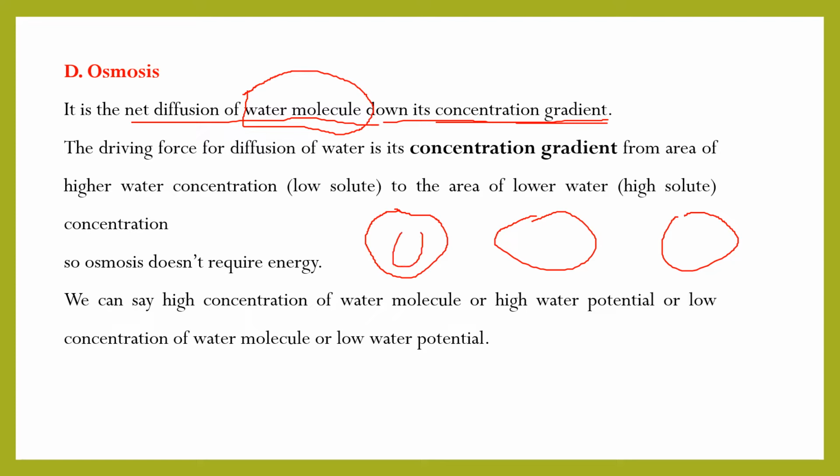The intracellular fluid of the cell and the extracellular fluid of the cell have the same concentration, so there is no net movement of water molecules. So we can't say that in this condition water is diffused. There is no osmosis because the intracellular and extracellular fluids have the same concentration.